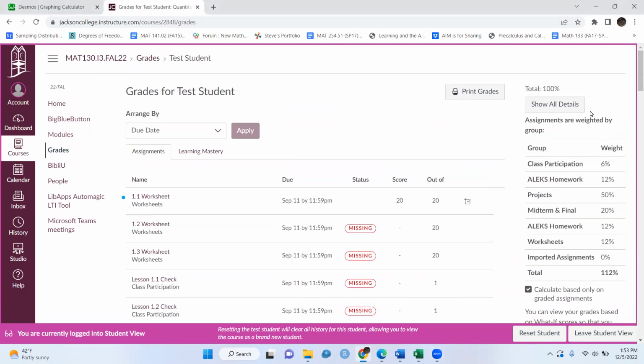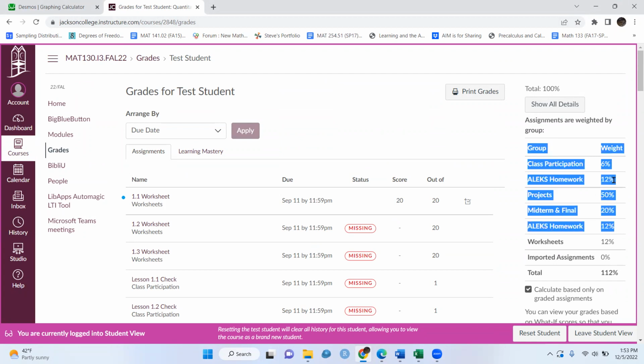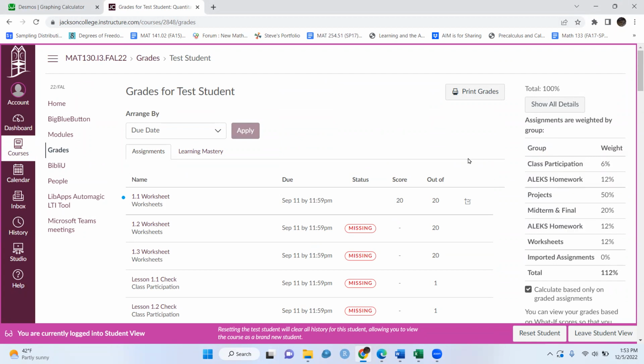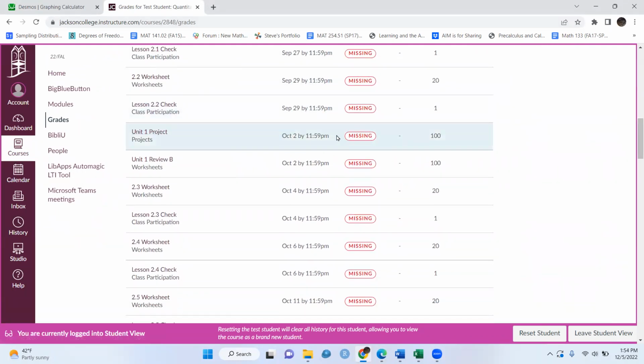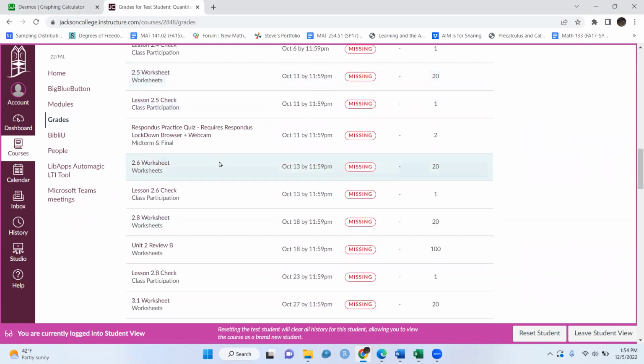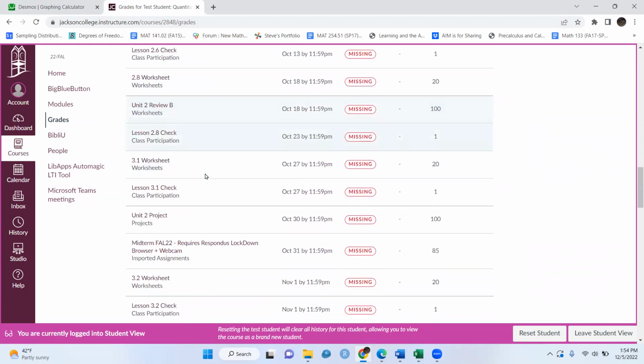And also on the right, you have the assignments weighted by group, and you can see the group weighting. Ooh, looks like I have Alex homework in there twice. So even for this particular class, I have things set up badly. So what you need to do is find your unit 1 project grade. You want that percentage, and your unit 2 project grade.